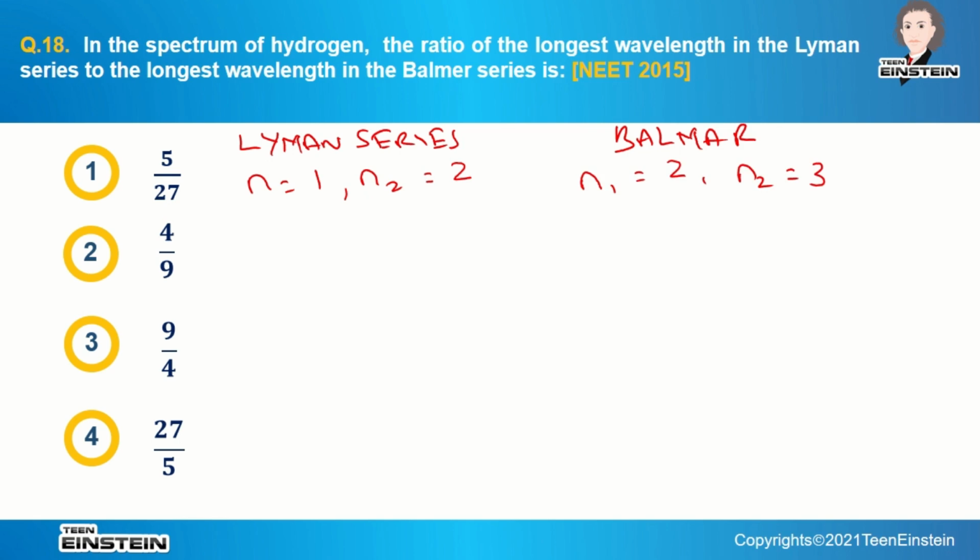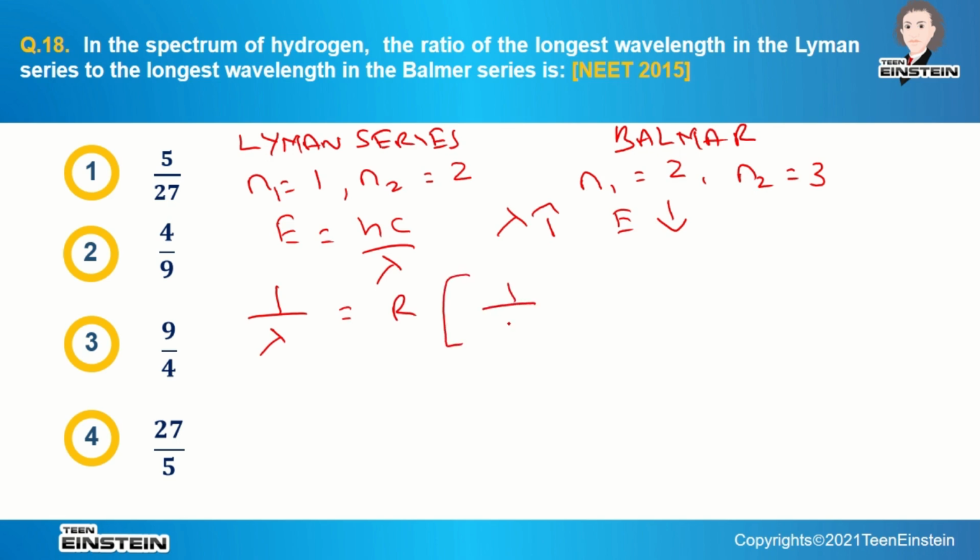So if you know the general formula, E equal to hc by lambda. So here when lambda is increasing, automatically the energy will start decreasing. So 1 by lambda is equal to R into 1 by n1 square minus 1 by n2 square.